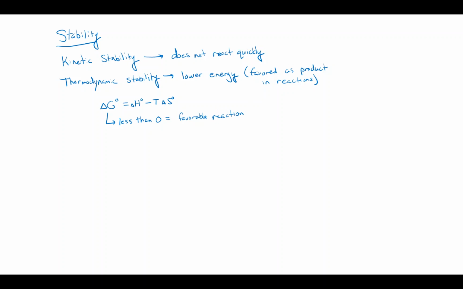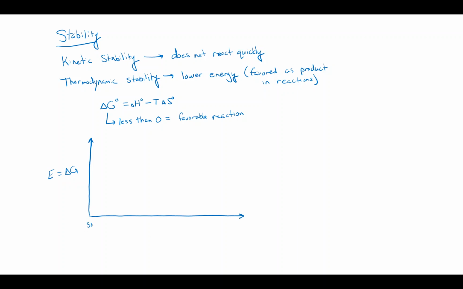And so we can talk about things like delta G and all of that, but usually when we talk about these things, we're going to talk about it graphically. And so we can graph delta G or energy on our y-axis, and then on our x-axis we can have basically the progress of the reaction.